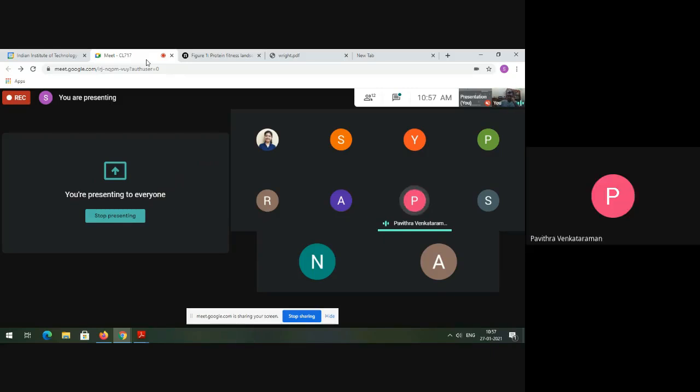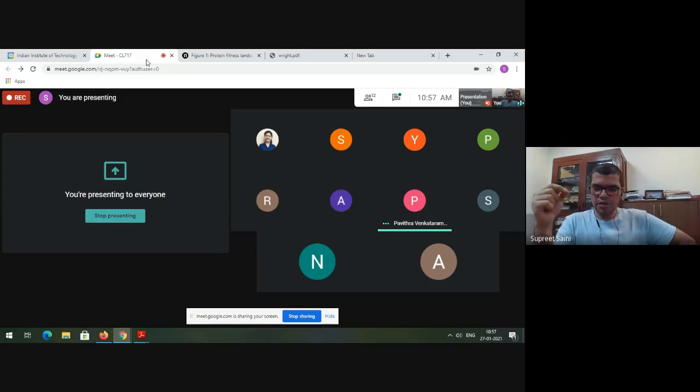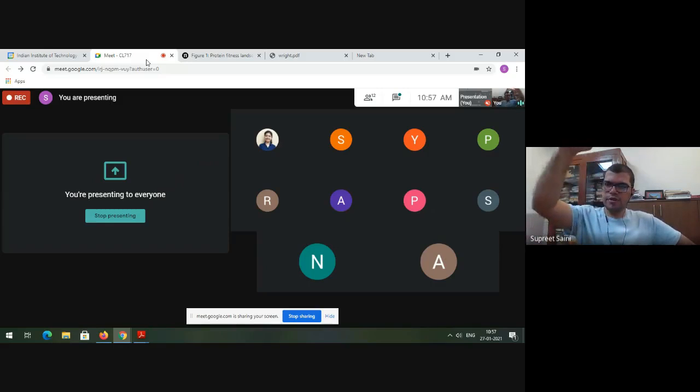So what they say is that if we measure the variance of the fitness among these 12 lines, it starts from 0 because there is no variance of fitness at t equal to 0. There is no variance of fitness at t equal to the end of the experiment either.